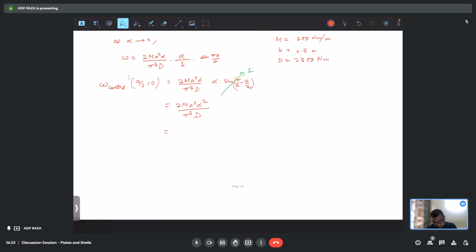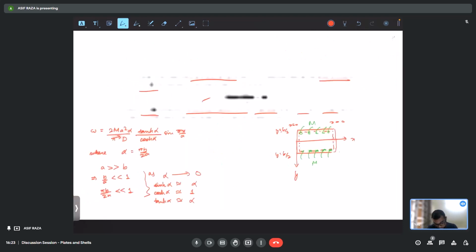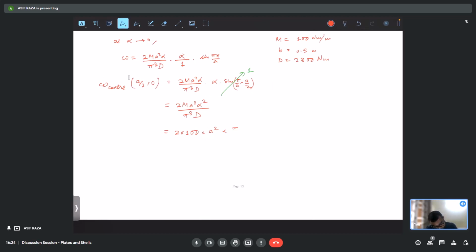So it is equal to 2 into 100, a square. What was alpha? Pi b by 2a whole square, pi cube d value is equal to 2300.